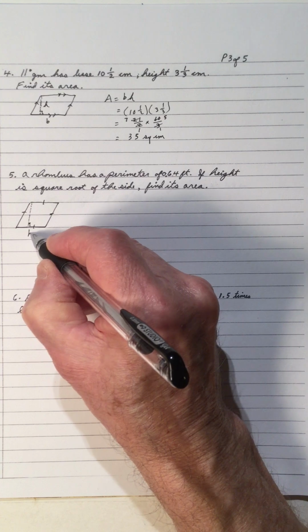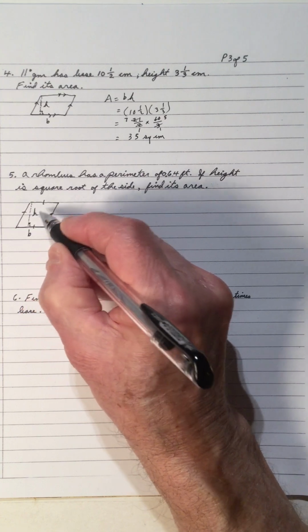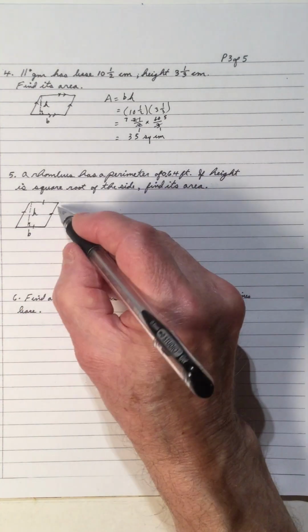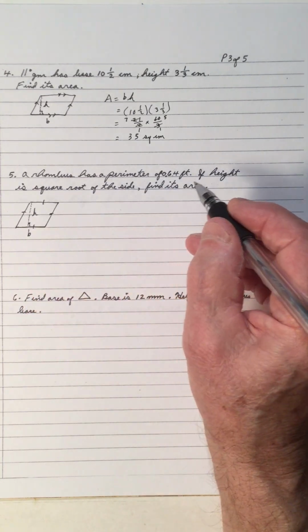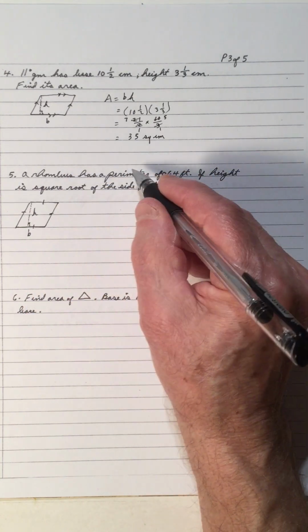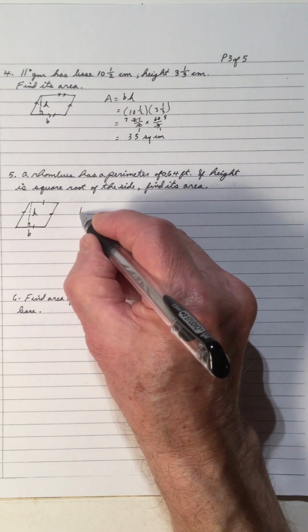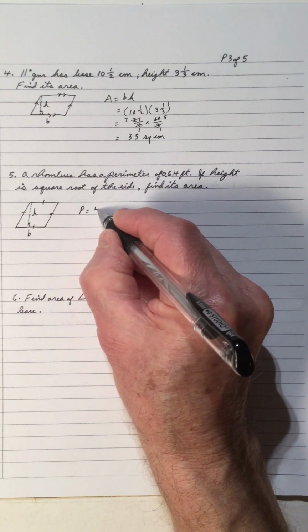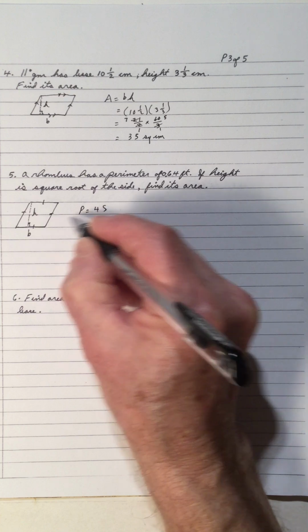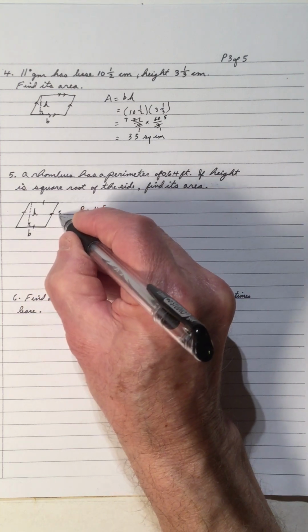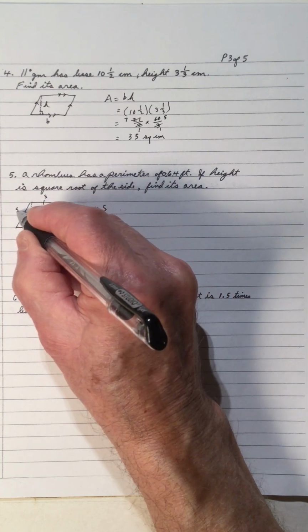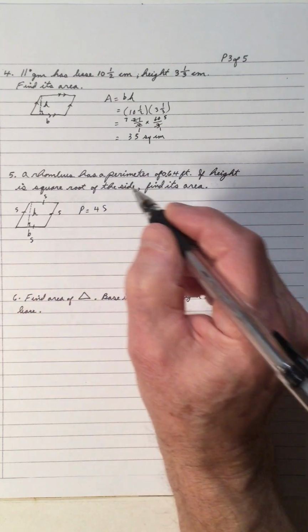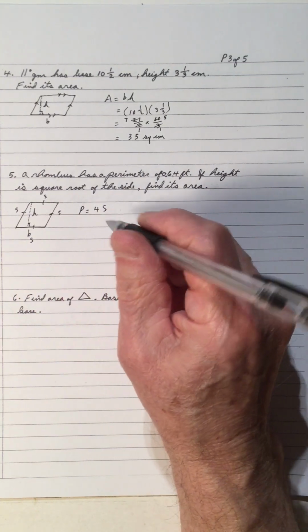We have a base and a height. And the base is one of the sides, because all these sides are the same length. The perimeter of a rhombus is 4s. That base is an s, that's an s, that's an s, and that's an s. So the side is your base.